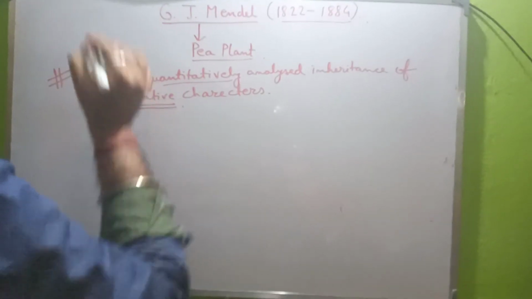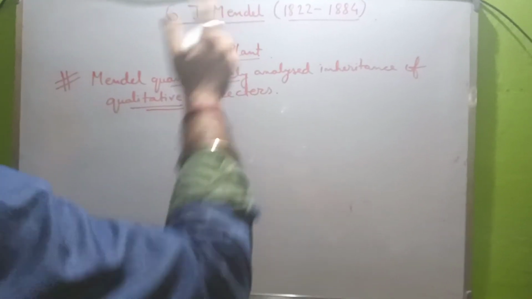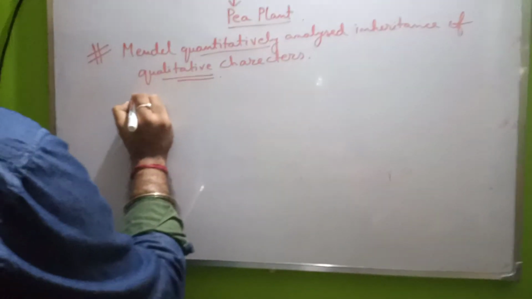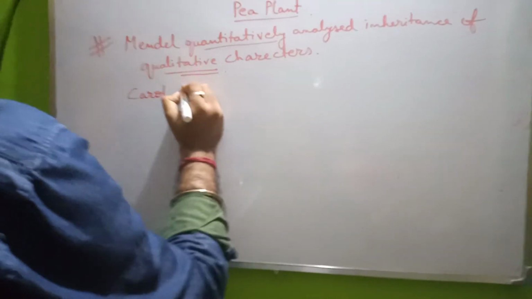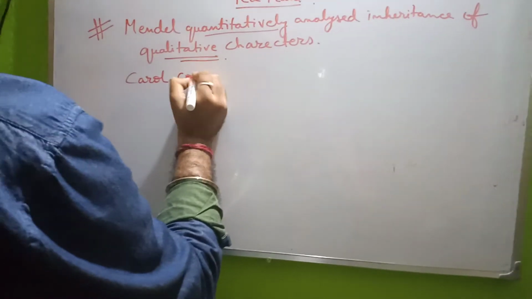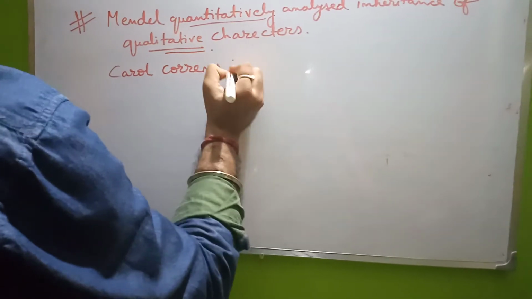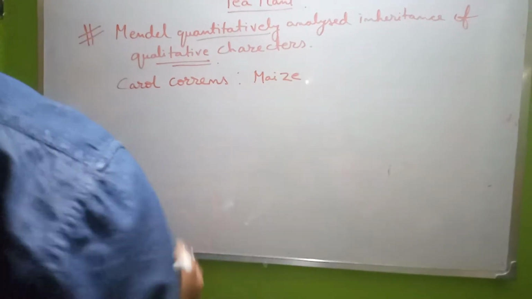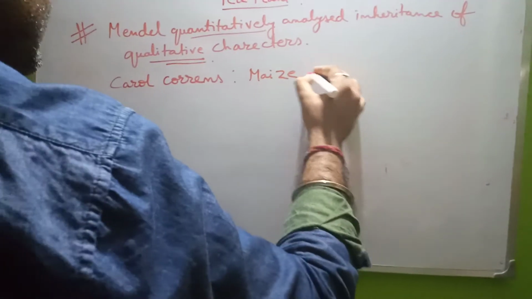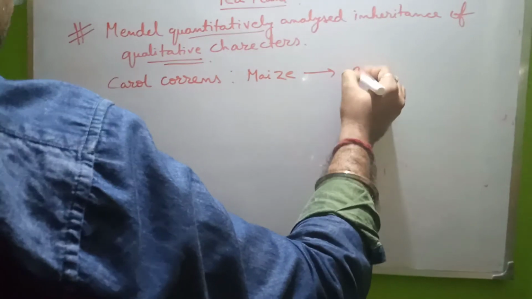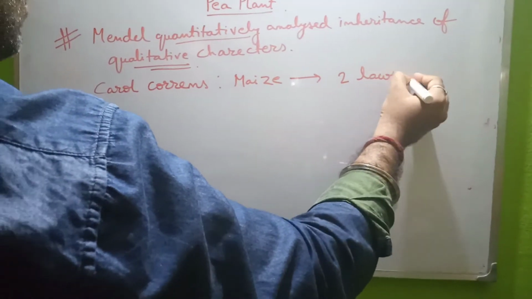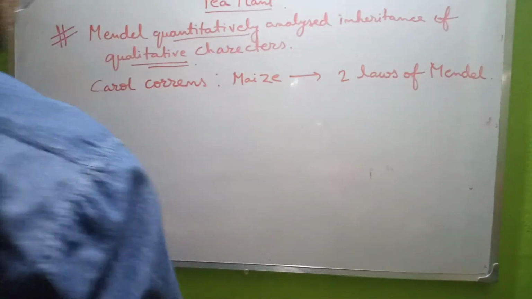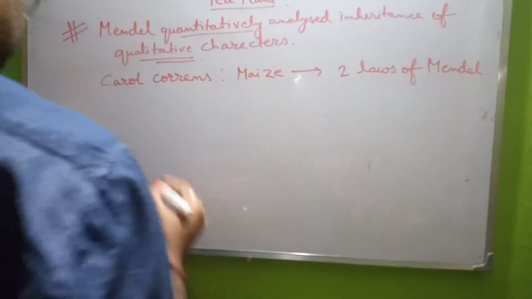Apart from this, after 34 years, 3 scientists came to know about Gregor Johann Mendel. One of them was Carl Correns. He worked upon the maize plant, and he said that the 2 laws of Mendel, that is the law of segregation and the law of independent assortment, were correct.